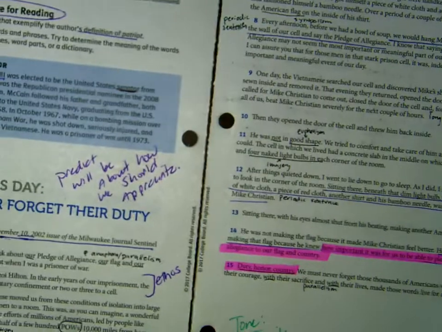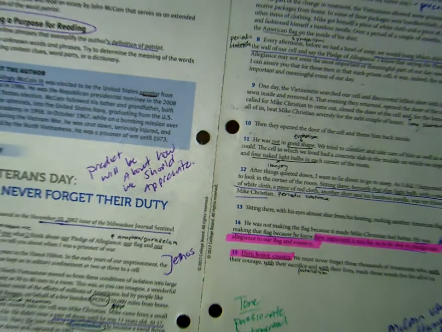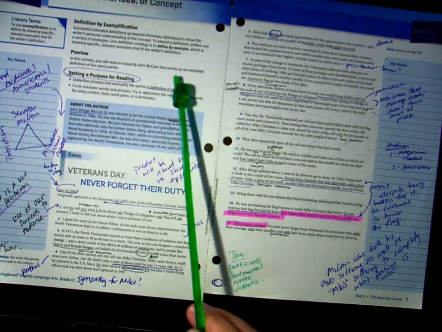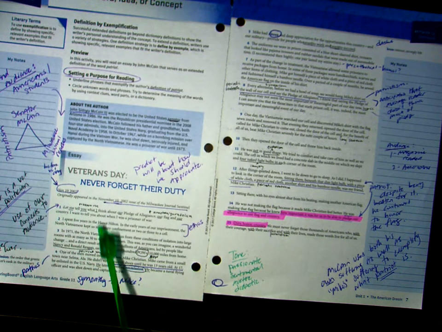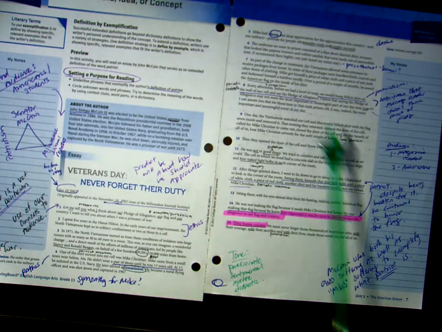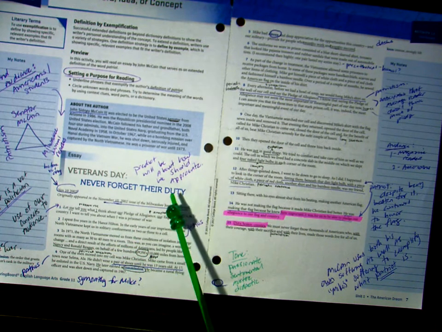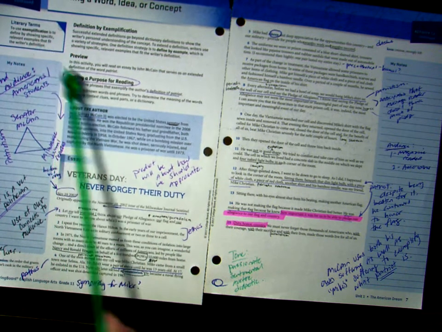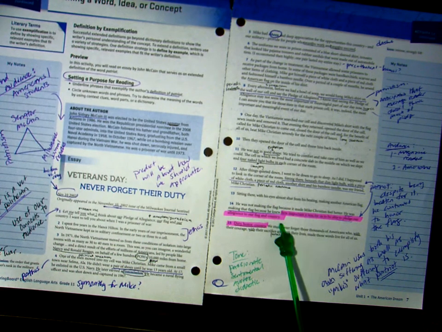So in terms of annotating, when you have a Springboard text, this is what you're looking for. You want to have clear evidence on the margins, within the text, all over it, that you've read this text, you've interacted with it, you've done a close reading of it, and you're aware of what it is you're supposed to be looking for as you read it.